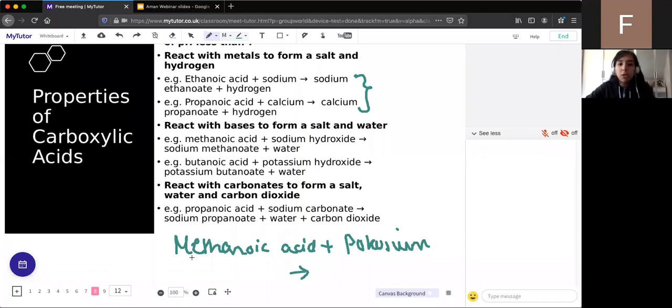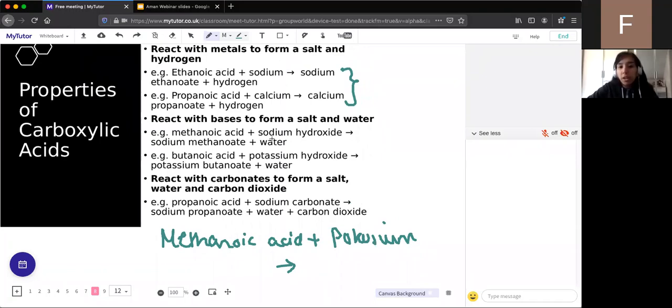What would be our two products? Someone's asking, is a carboxylic acid an alkane? Nope, carboxylic acids are completely different. Good, potassium methanoate and hydrogen. Well done to everyone that answered that. So the salt produced would be potassium methanoate. Excellent, well done.